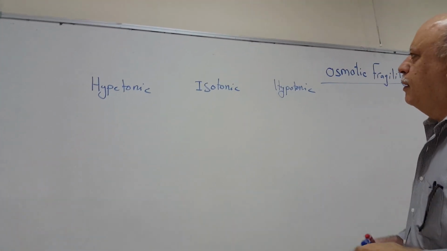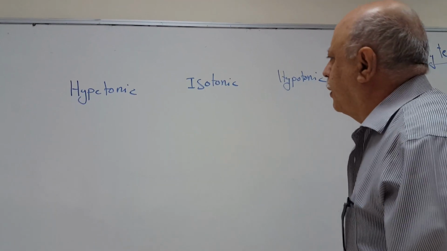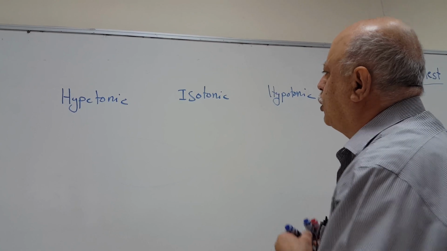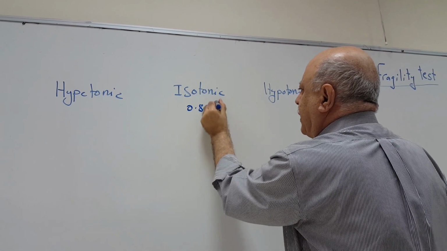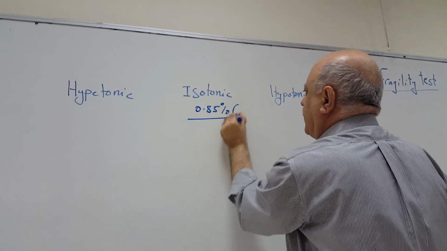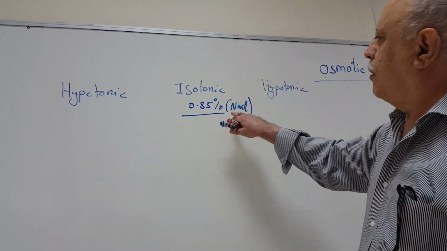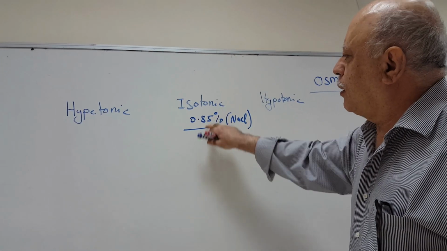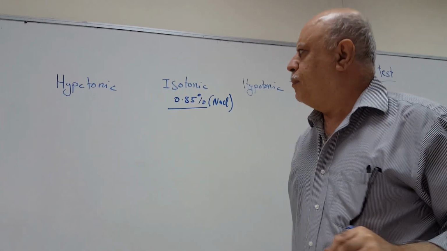Isotonic solution is a solution with sodium chloride concentration equivalent to 0.85% sodium chloride. That means this concentration of sodium chloride is equivalent to the concentration inside the red blood cells.